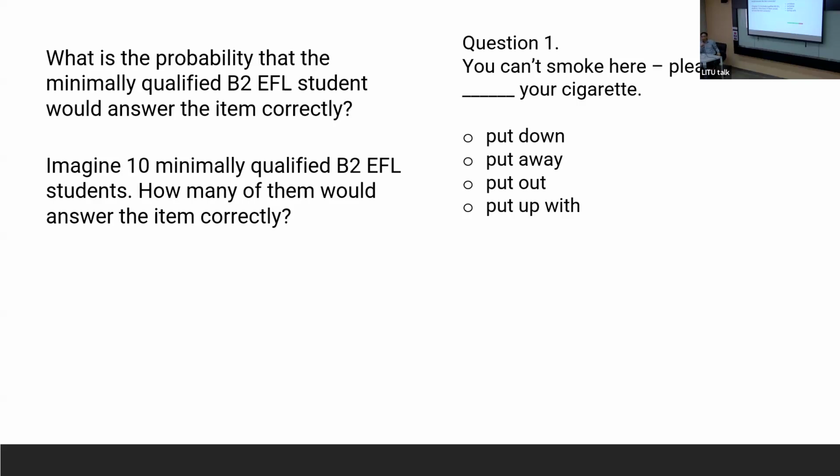If you say put down, you can just put down. Put out is like, yeah, that's put out. Put up with means you have to bear with the cigarette. So what's the probability for question 1 for minimally qualified B2 EFL students?